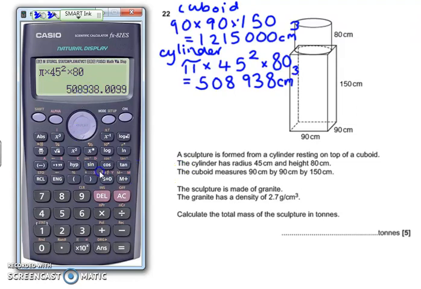I'll add my 1,215,000 to 508,938. So our total volume is 1,723,938 centimeters cubed.